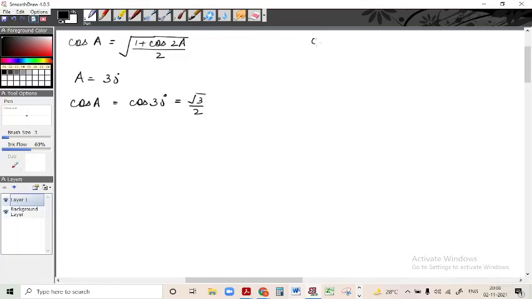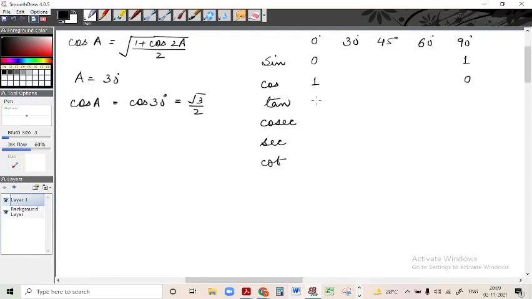That is 0 degree, 30, 45, 60, 90, and here we have sine, cos, tan, cosec, sec, cot. Sine 0 is 0, sine 90 is 1, cos 0 is 1, cos 90 is 0, tan 0 is 0, tan 90 is infinity.